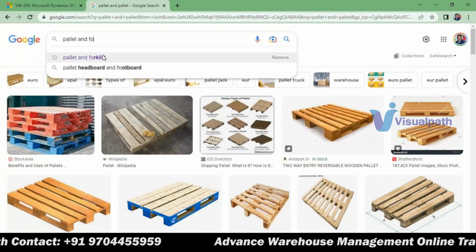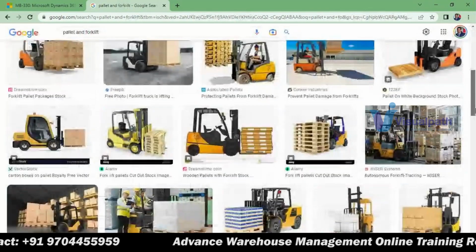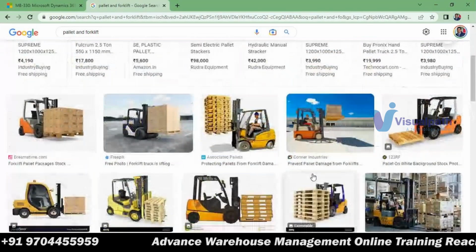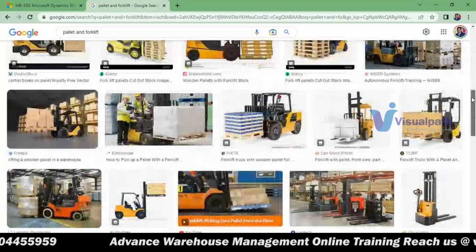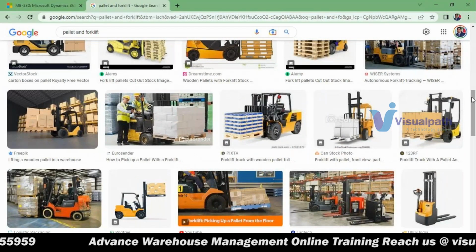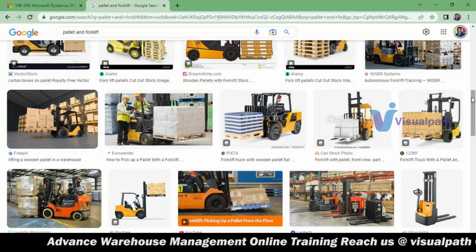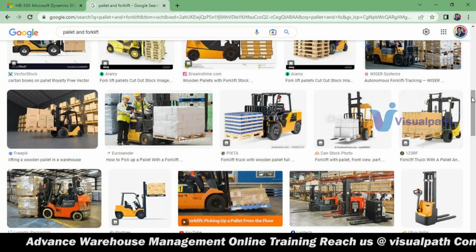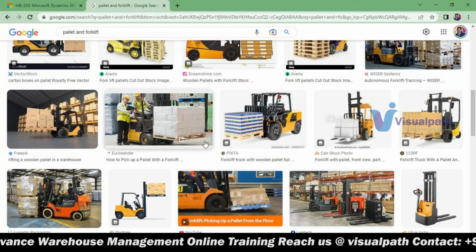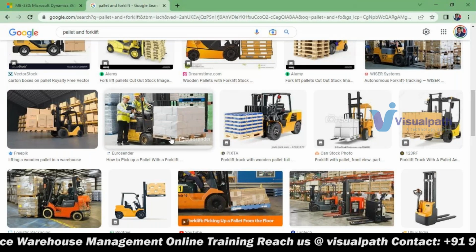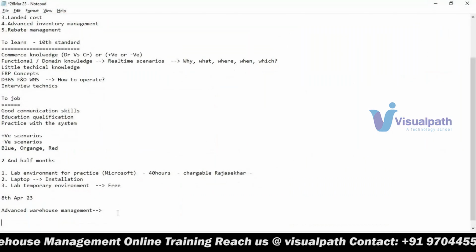If you want to move the material from one place to another place, we need this kind of forklift. Take the example of a washing machine manufacturing company. You cannot move the machines with your hands. If you move them and it is damaged, it will be heavily impacted. So we keep the material on this wooden plate, and with this we move the material from one place to another place. In this, work will be created.